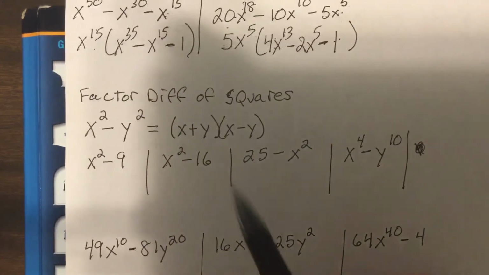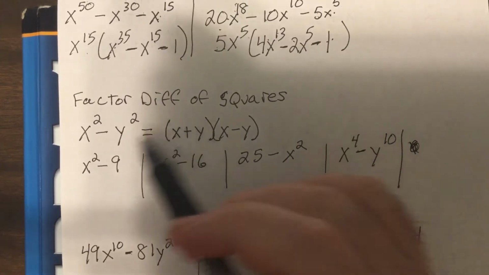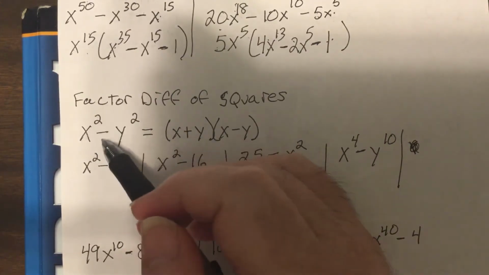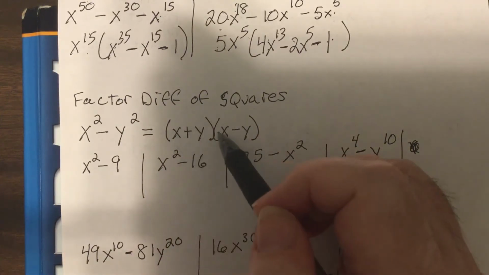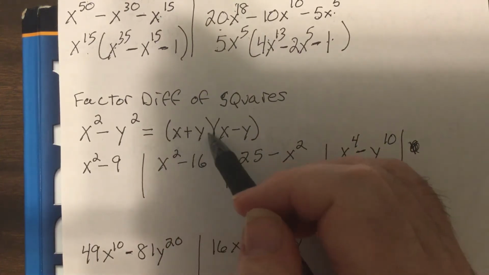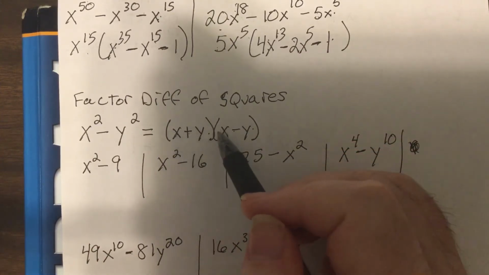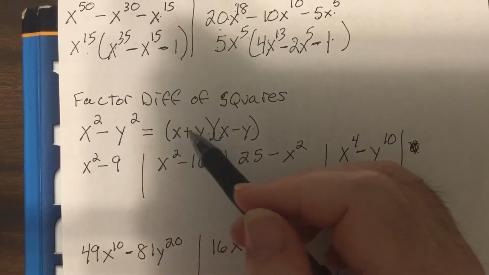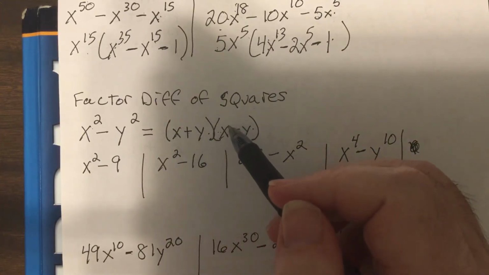Now the next one, difference of squares. They realize there's a pattern that if you have a squared term minus a squared term, it will always factor into 2 binomials. The sum of what you're squaring times the difference of what you're squaring. Notice x times x is x squared. X times minus y plus x times y is 0.